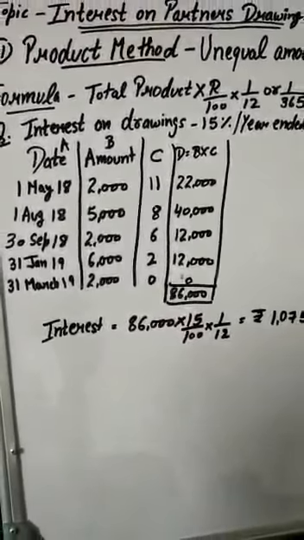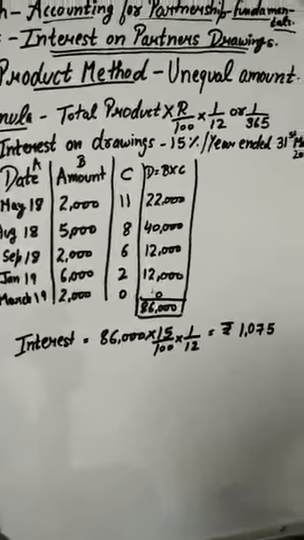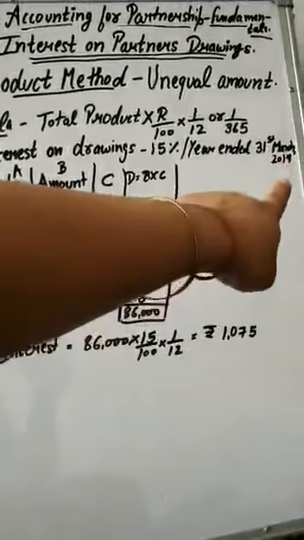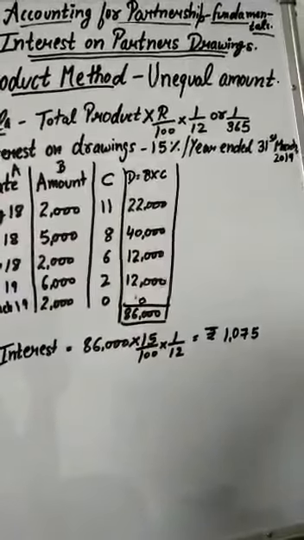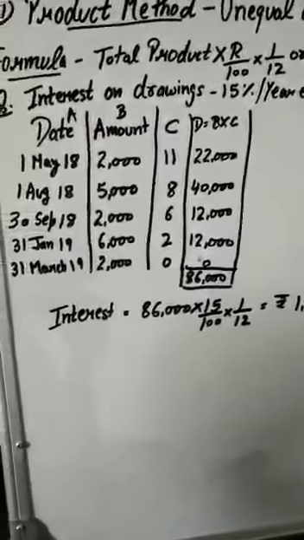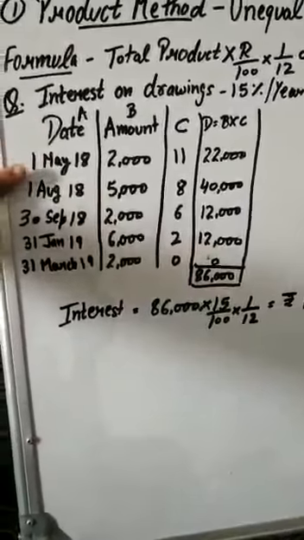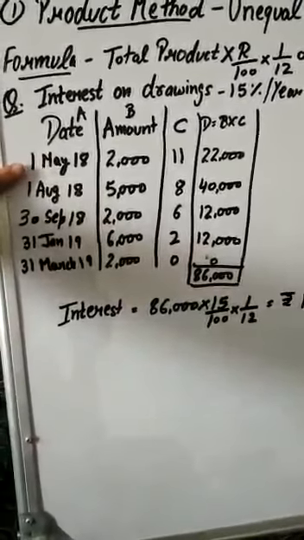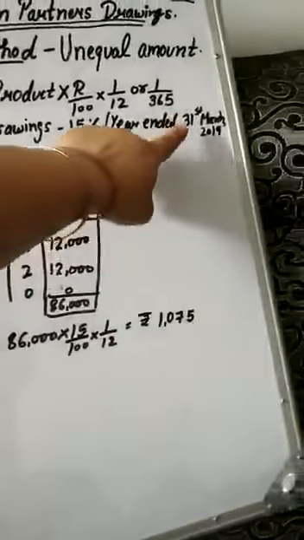The question says the interest on drawings is 15% and the year ended is 31st March 2019. In the first part, the partner has withdrawn the money on 1st May 2018 and our year is ending on 31st March.